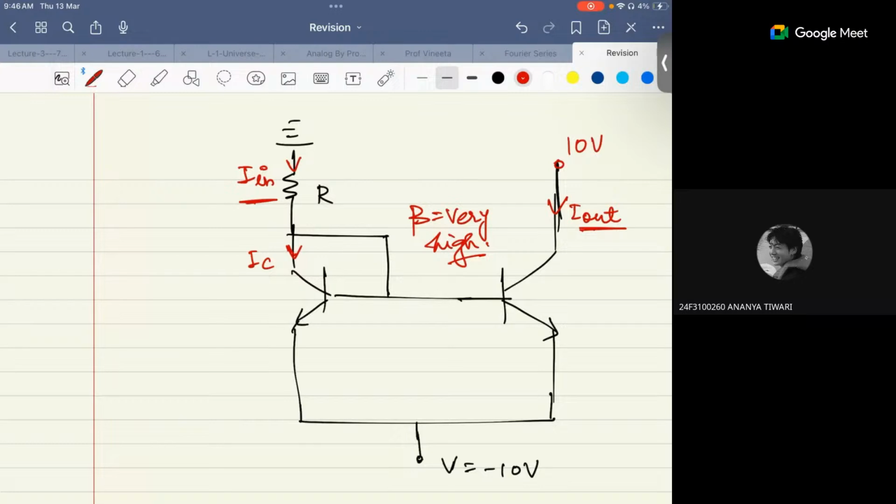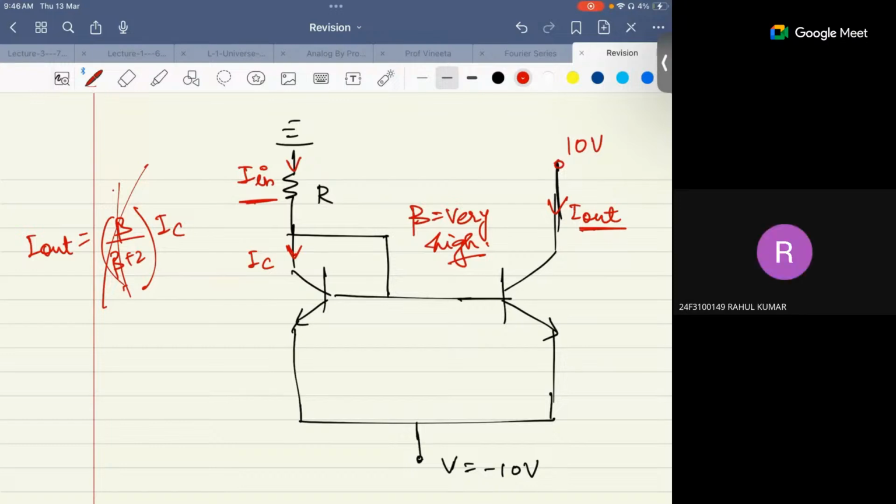Otherwise it will be in the form of I out equals beta upon beta plus 2, something like that. If beta is very high, then we can just remove this, beta will get cancelled, and I out will be equal to I input. Otherwise, it will be in the form of beta upon beta plus 2.